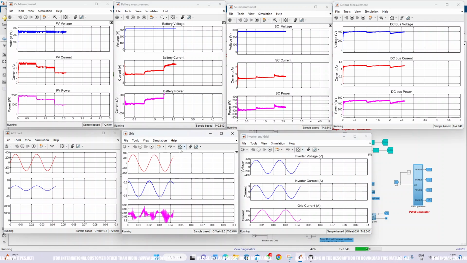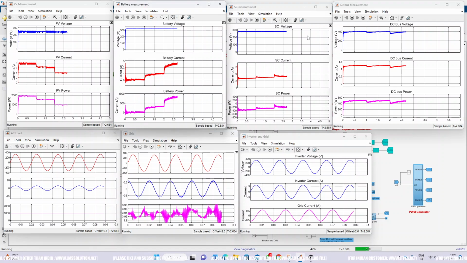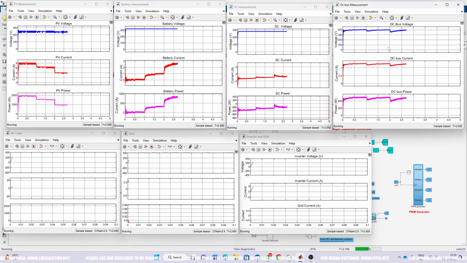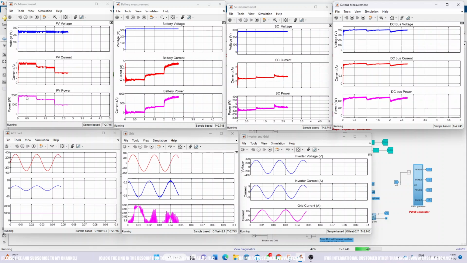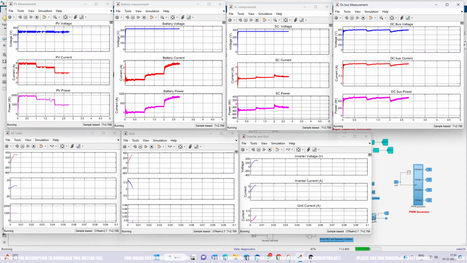Now for the changing irradiation condition, we are changing irradiation from 1000 to 500. So what happened? The PV power is decreasing. Because of the decreasing PV power, the batteries try to supply the power, and also here you can see the supercapacitor.